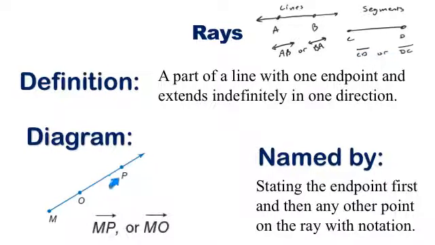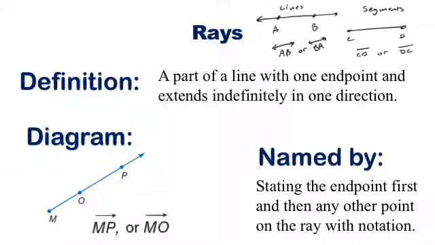We have specific notation for rays. The way we name it is we take the endpoint, which in this case is M, and then we choose a point in the direction in which the ray is going, whether it's O or P, and we either write MP or MO with this ray notation.